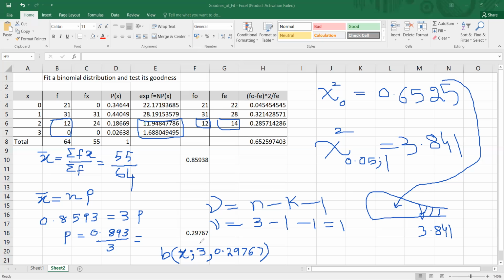It is not this three; this three is the n of the binomial distribution, which is not the n I used here. This n indicates how many cells we used in the calculation of chi-square. So there is some confusion between these two n's, but you should be clear. This n is the n of the binomial distribution, while this n in the degrees of freedom is the number of cells here.